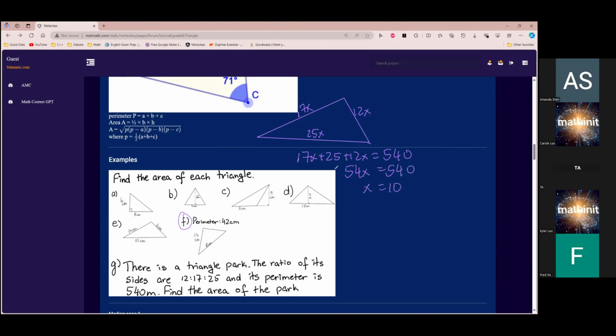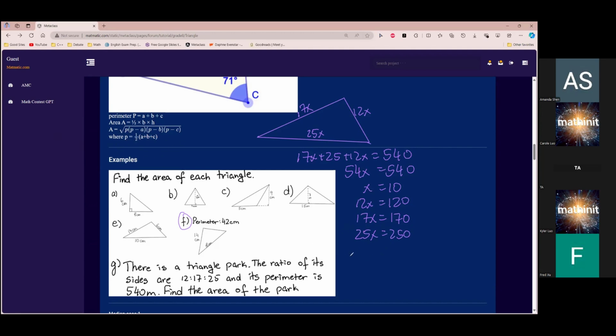So if you plug x back into all of these, you'd get 12x equals 120, 17x equals 170, and 25x equals 250.